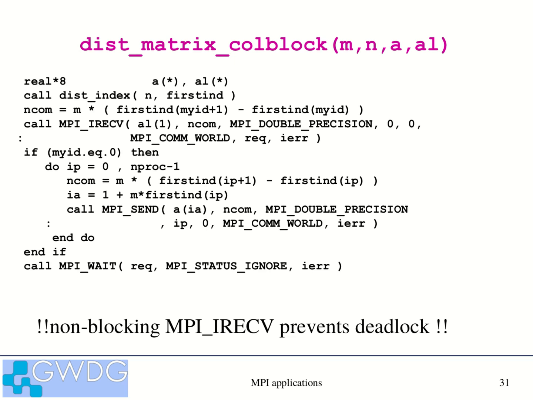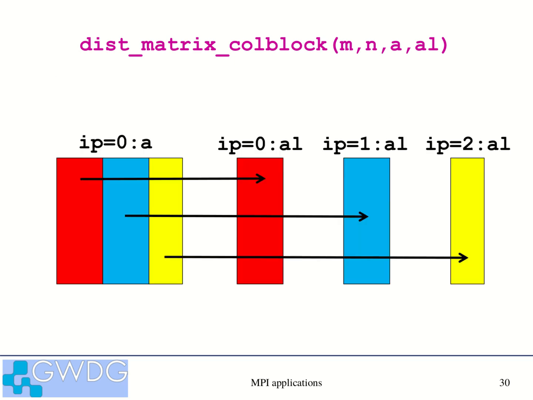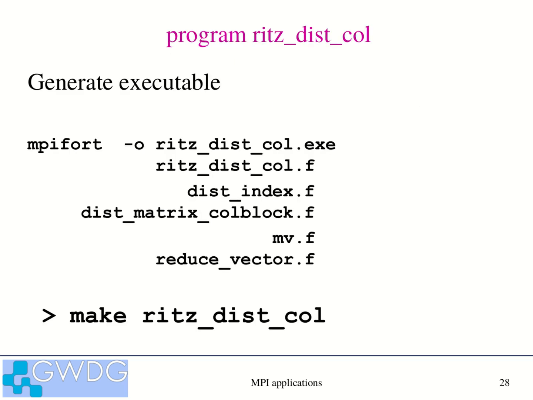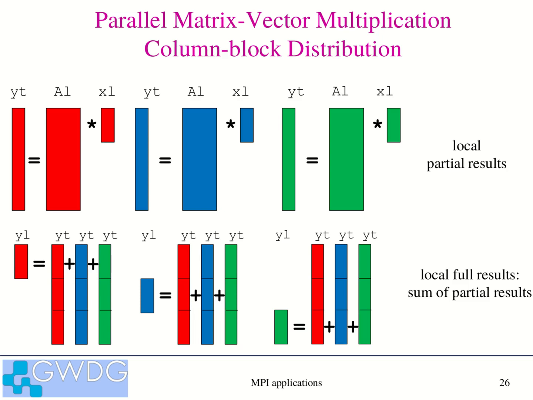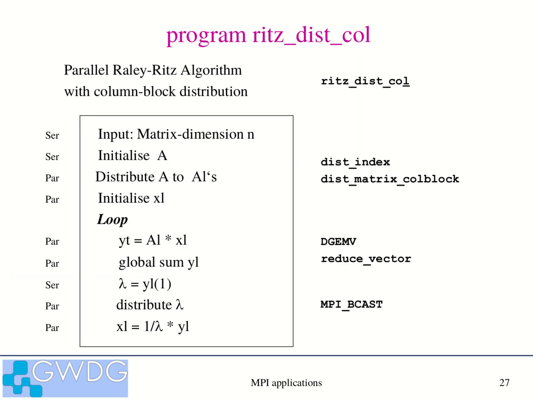So let me show just how this works. I will come in a moment to the second part of the parallelization, which would be the sum of the partial results. But I just want to show the result of the program, how it's running.